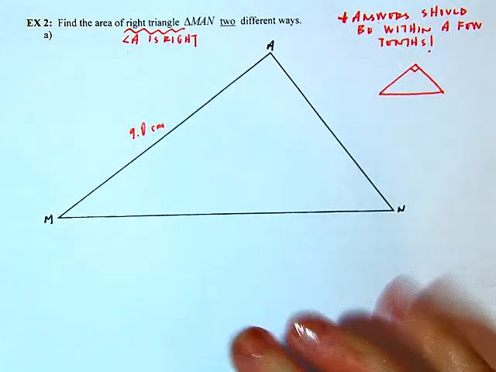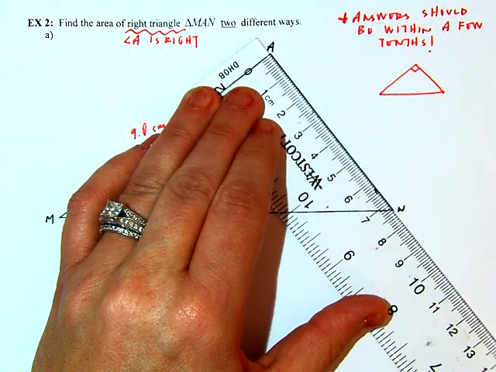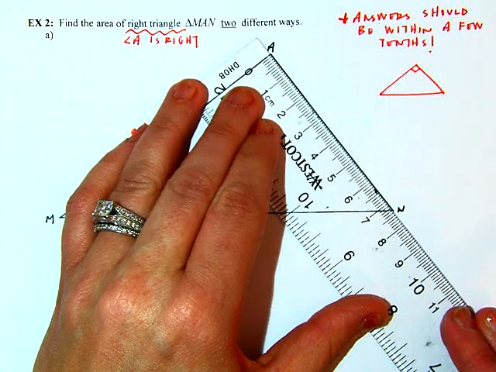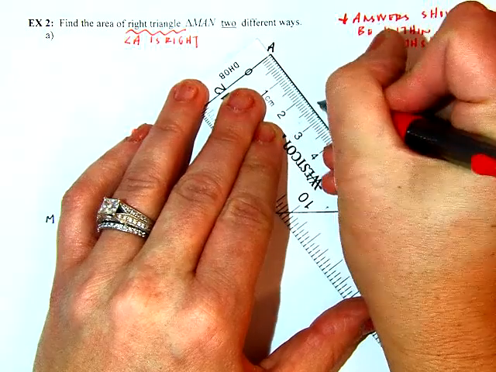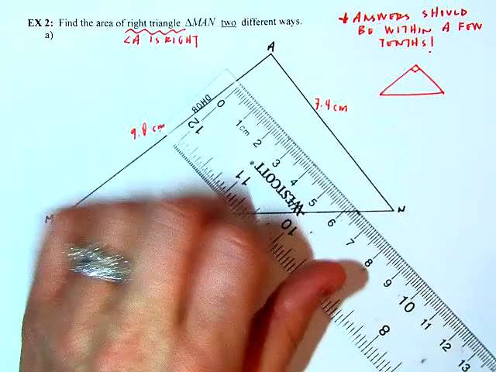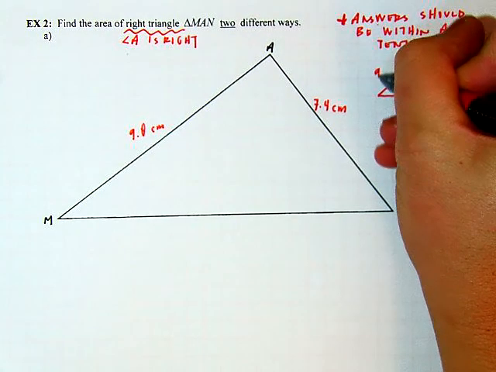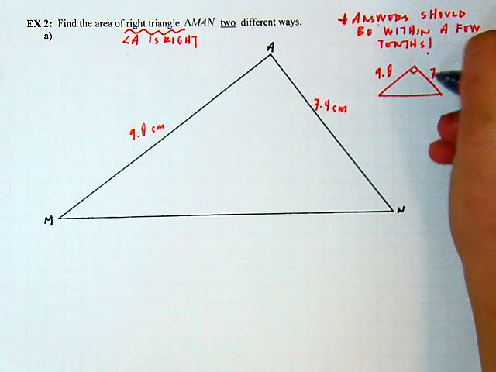And then from A to N, trying to get as tight as possible, that looks like 7.4 centimeters to me.